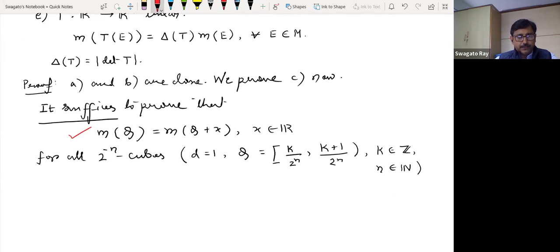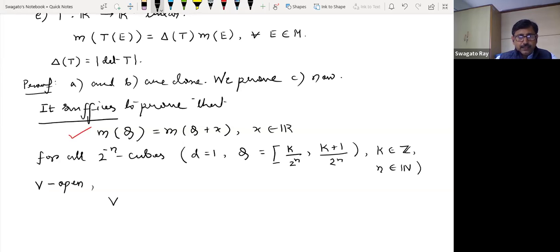Take any open set. Then any open set is a countable disjoint union of 2 to the power minus n cubes for various n's, correct? So take any open set V. That was a fundamental result we have proved earlier. Then what do we know about V?